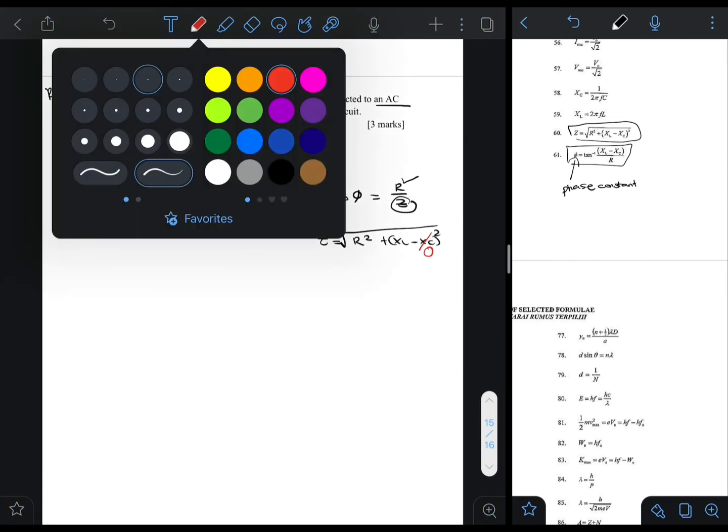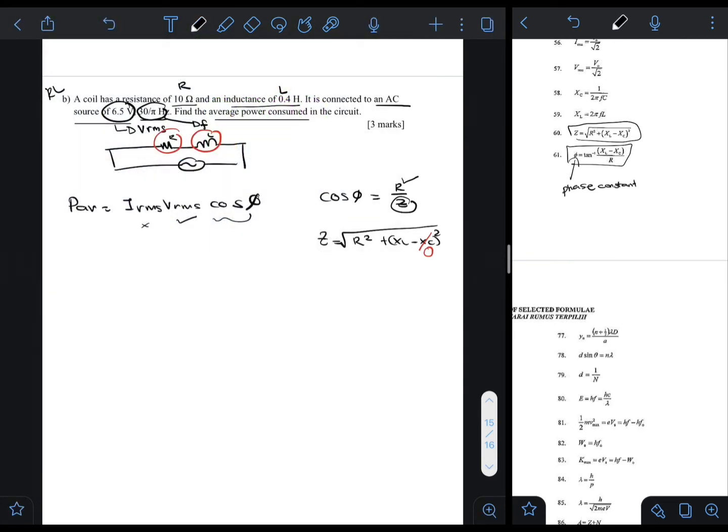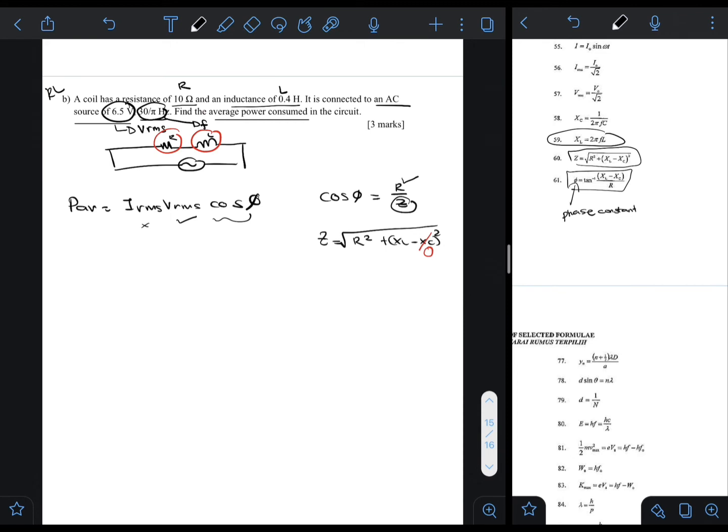So this one becomes 0 lah. So Z is equals to square root of R square plus XL square sahaja, because XC is 0 kan.